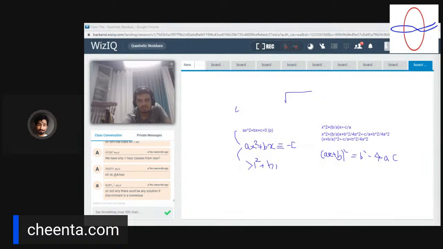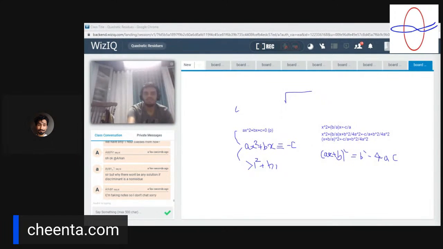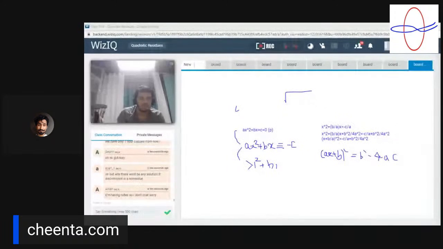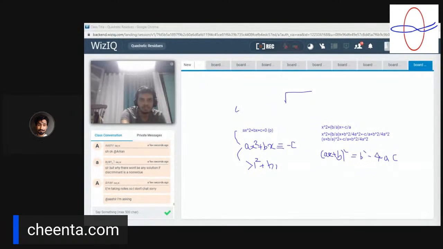I thought it was till 7. In that case, we have time to cover Gauss's lemma. If everybody is free, then we can just check.